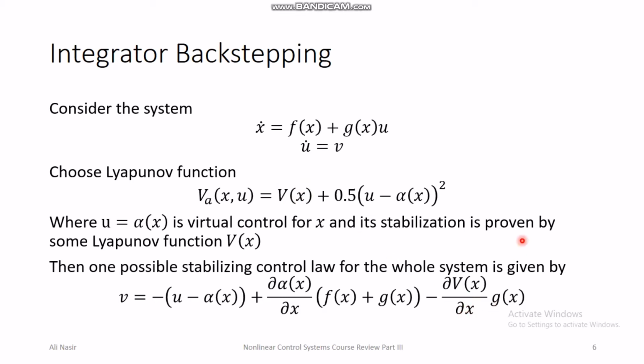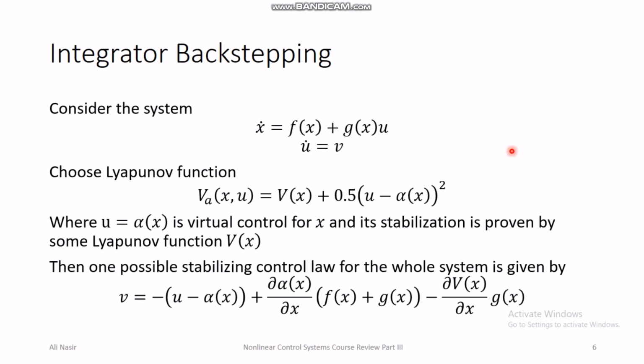This backstepping result has some underlying assumptions on V and V dot, but most of those assumptions are that V is positive definite and V dot is less than the negative of some positive definite function, which are quite standard assumptions. We are not going to discuss those because this is the review lecture, not the original lecture on backstepping.